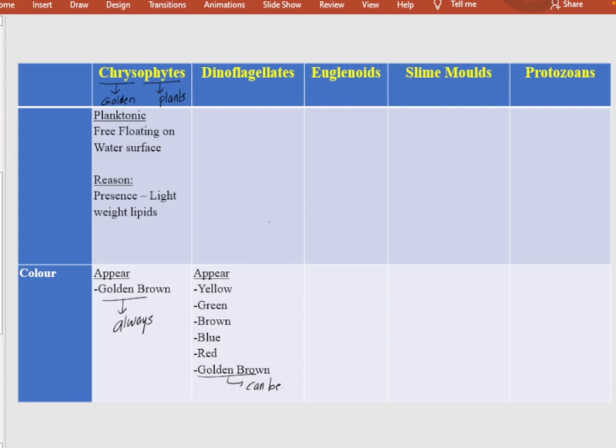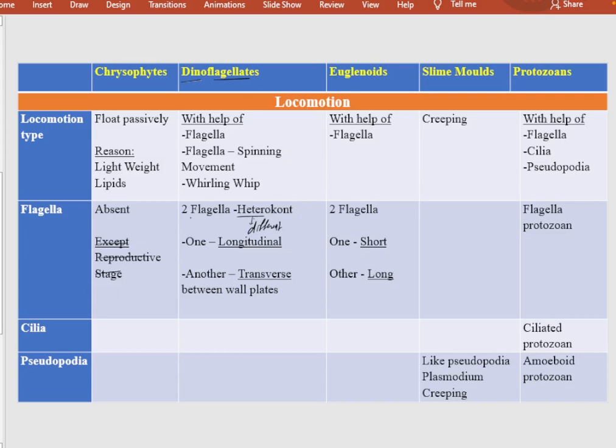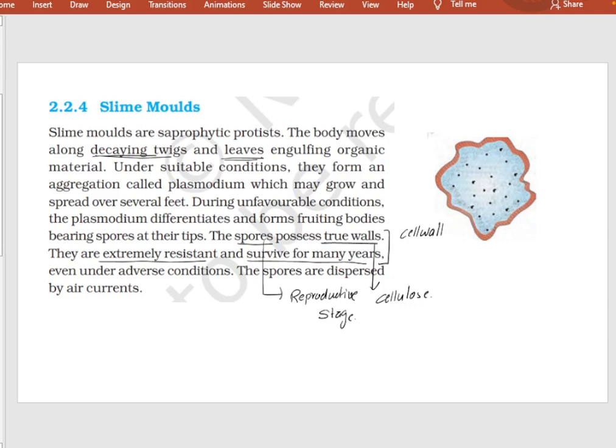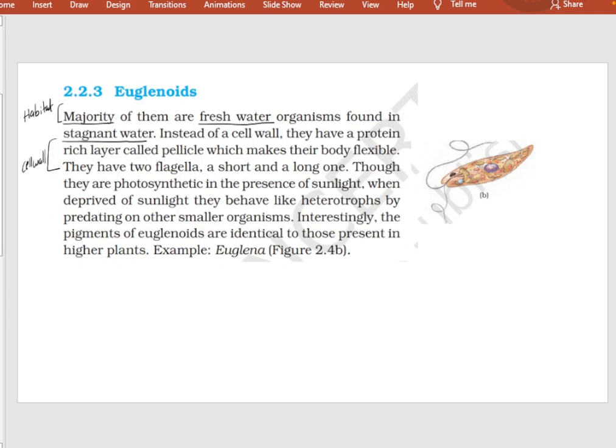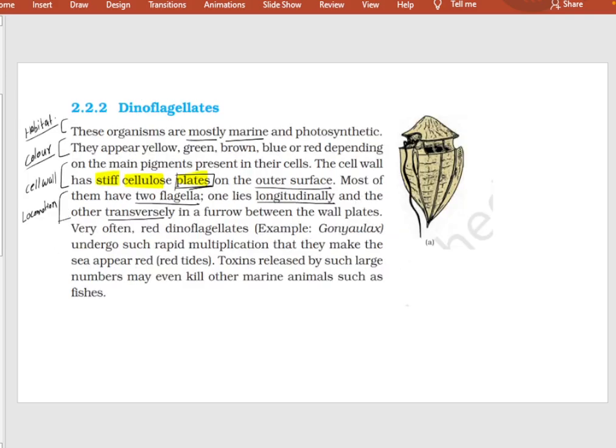In euglenoids, flagella are present. There are two flagella, one short and one long. Here it is short and long, unlike longitudinal and transverse. In Euglena, two flagella are there, most, not all, and this is very important.